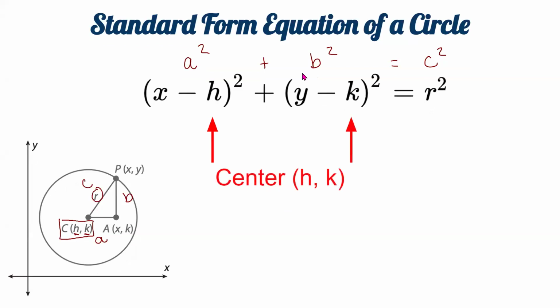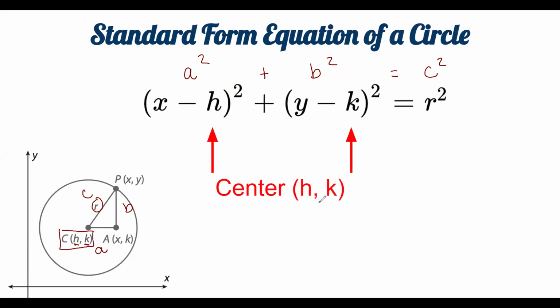My k is the y component of the center. So they don't just magically appear out of nowhere. If we're given a center, we're going to make it as an h and a k. So this is my x coordinate.